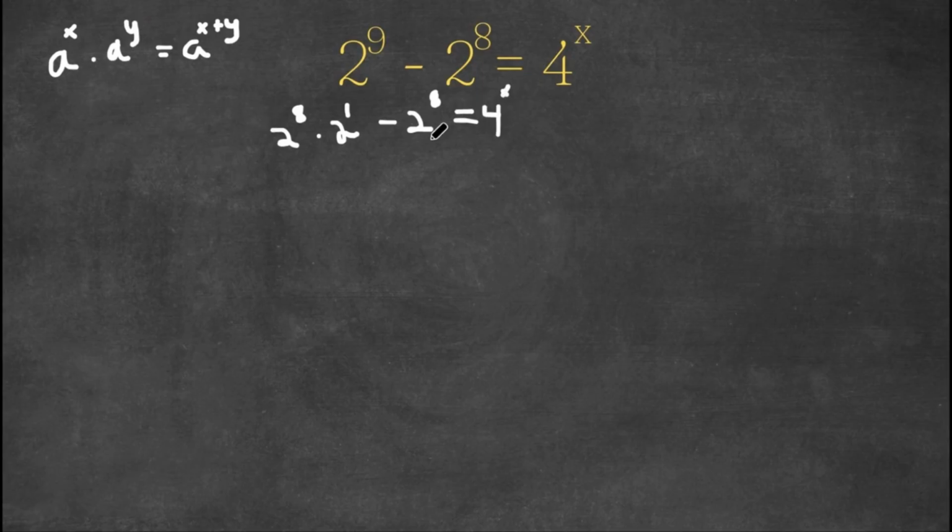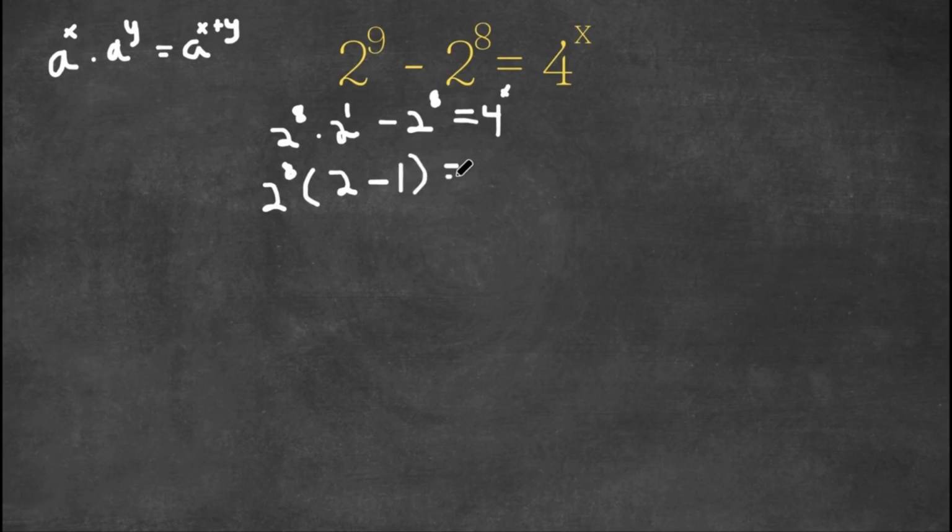Now, since we have two terms with 2 to the power of 8, what I'm going to do is I'm going to factor 2 to the 8 out of this expression. So now 2 to the power of 8 times, if we take out 2 to the power of 8 from 2 to the power of 8 times 2 to the power of 1, we're simply just left with 2 to the power of 1, which is the same thing as 2. And minus 2 to the power of 8 divided by 2 to the power of 8 is 1.